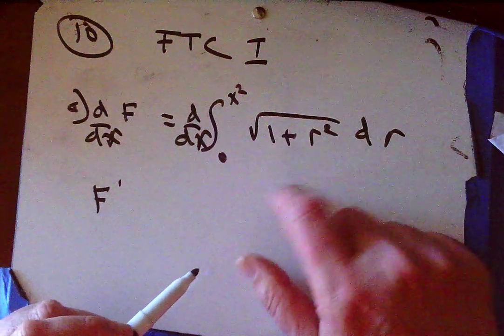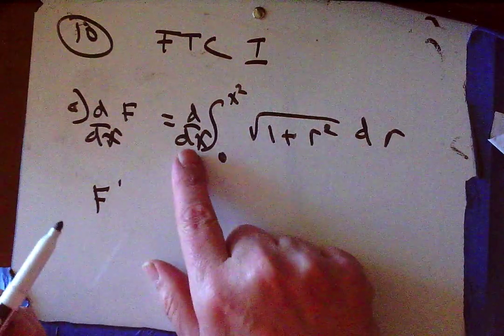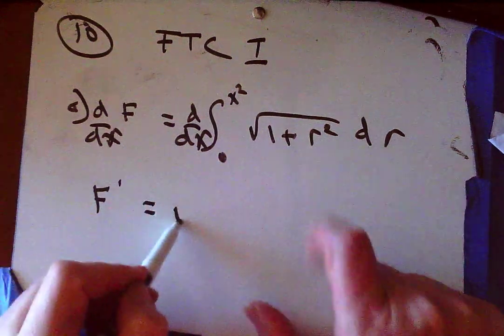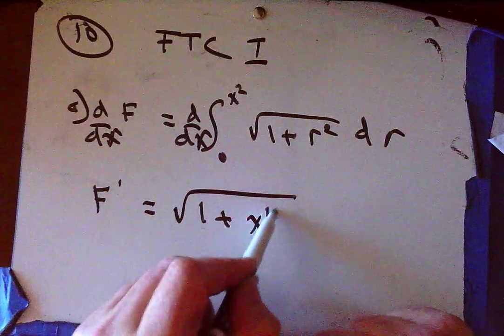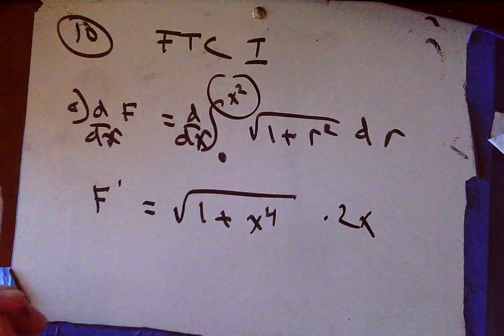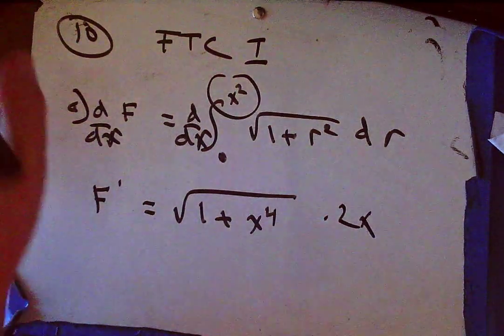Luckily, the derivative and integral undo each other in this case, and so I have the square root of 1 plus x to the 4th. Don't forget to take that derivative, 2x. Done. Walk away and move on.